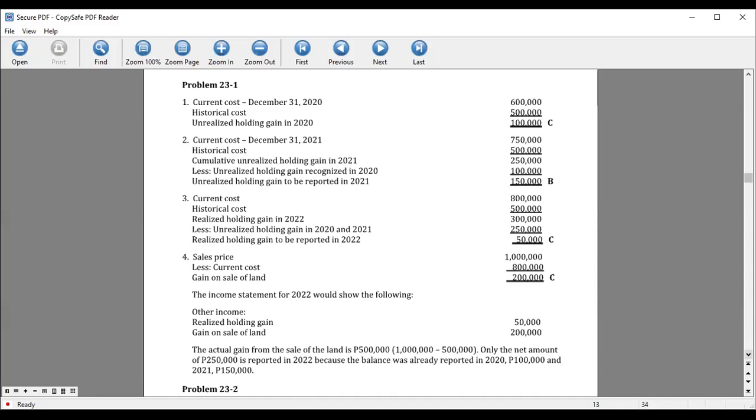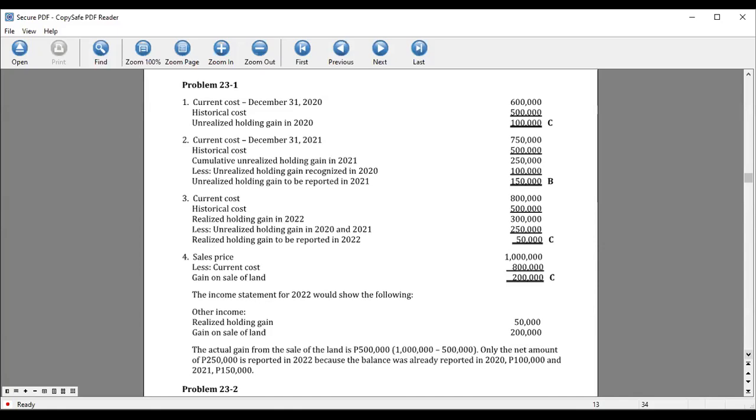Now, the company reported the following in relation to land. Purchased land on January 1, 2020 for 500,000 cash. December 31, 2020, the land has a current replacement cost of 600,000. So we have in 2020, the unrealized holding gain is 100,000 because the land is still unsold. On December 31, 2021, the land has a current replacement cost equal to 750,000.